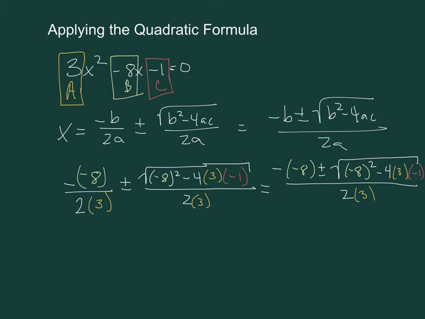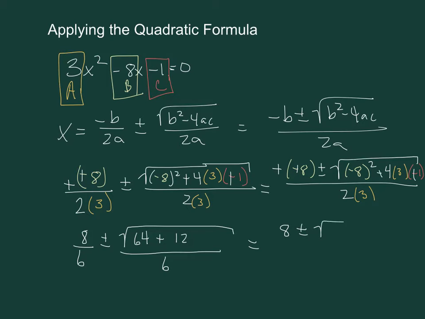Now, we see we have a negative times a negative makes a positive, which is the same as over here. This now becomes 8 over 6 plus or minus the square root of negative 8 times negative 8, which is 64. Negative times negative is positive. Same deal there. So I'm going to get plus 12, all over 6. Same as saying 8 plus or minus the square root of 64 plus 12, all over 6.